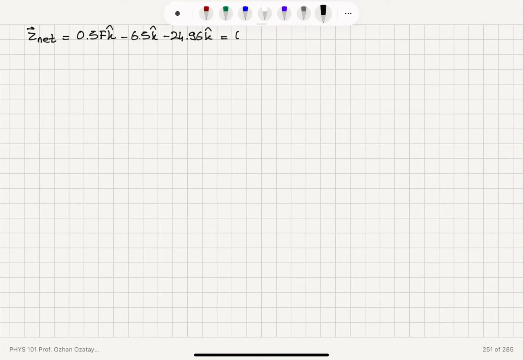So this gives us 0.5 F minus 31.46 newton meters in k hat. Okay, so I have found the net torque acting on it.